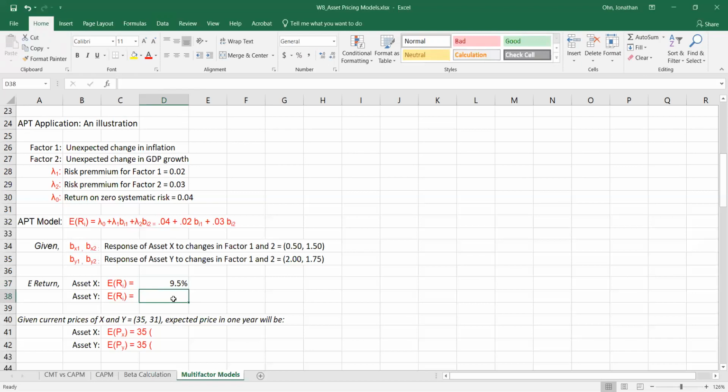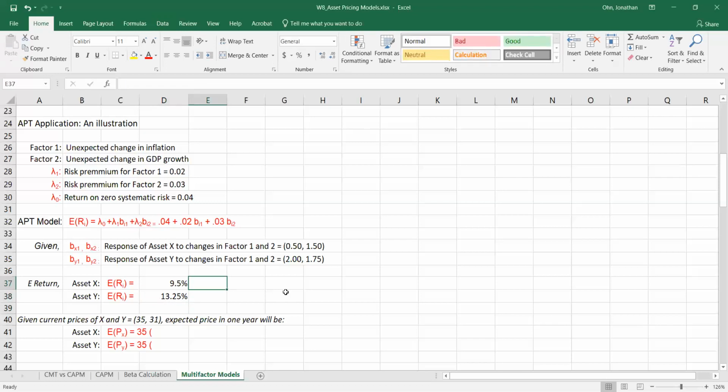Right, responsiveness is just responsiveness. 0.04 plus 0.02 times 2 plus 0.03 times 1.75 is 13.25 percent.